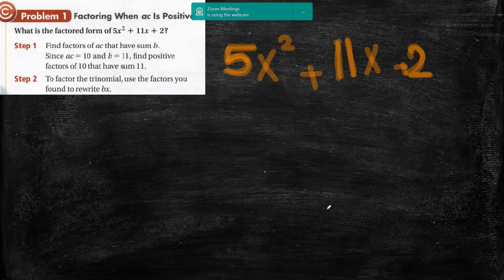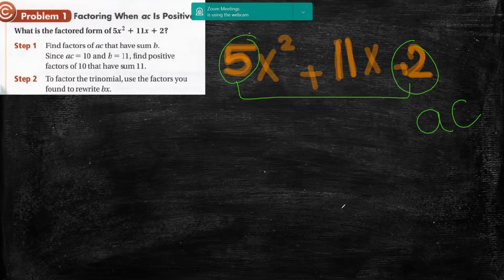As I told you, this is a type of trinomial where the coefficient of x squared is not 1, it is a number. The first step, you have to multiply 5 times 2, which we name a times c. So the first step, you multiply a times c, which is 5 times 2, which is 10.